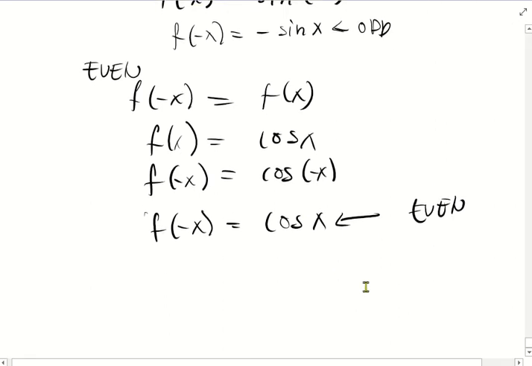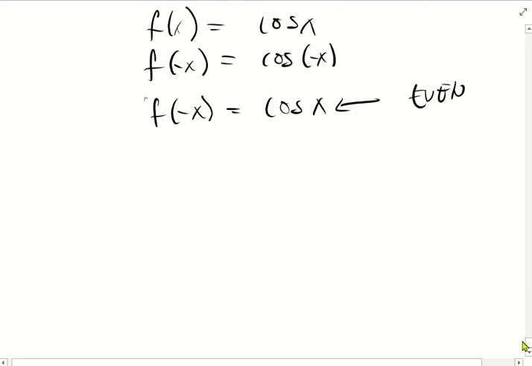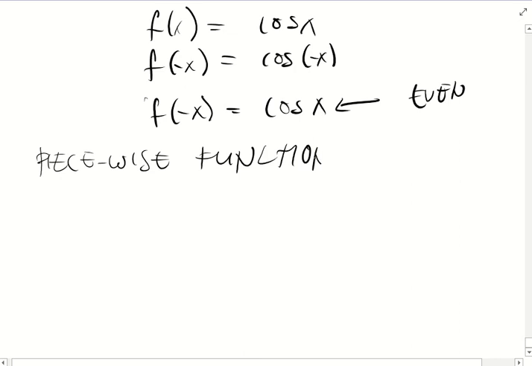And the last special type, we call it the piecewise function. A piecewise function is a function composed of multiple sub-functions.